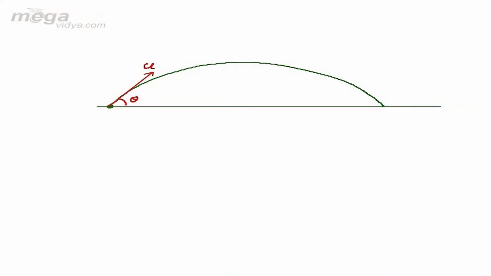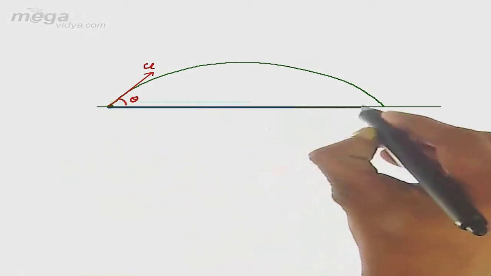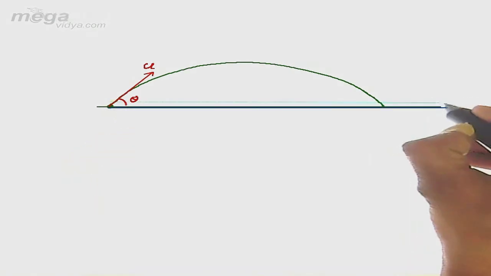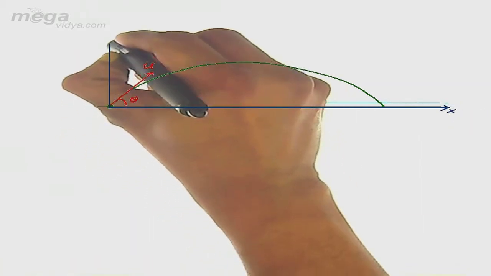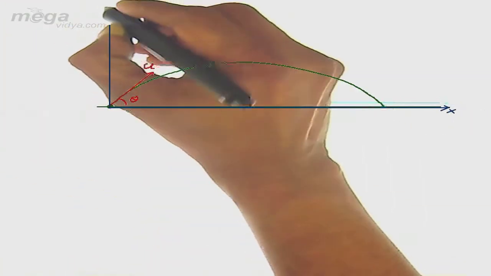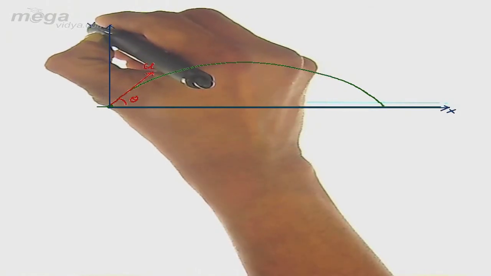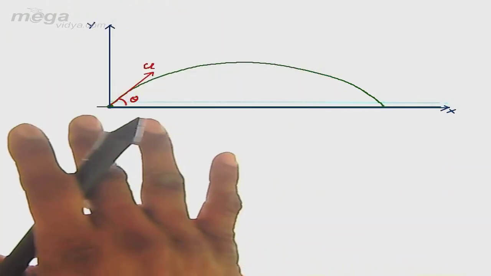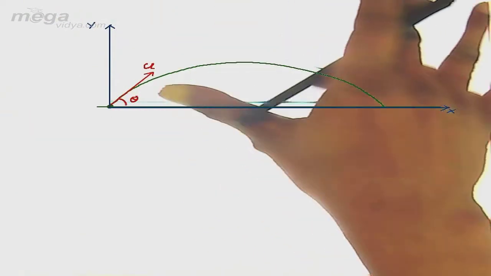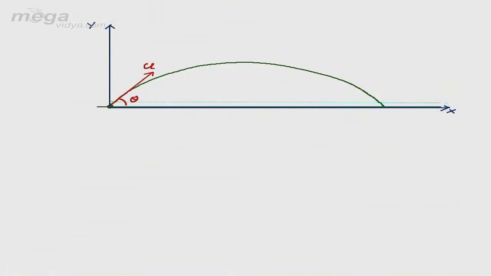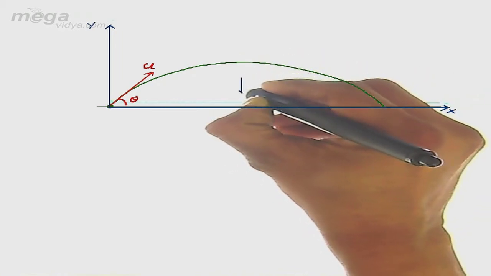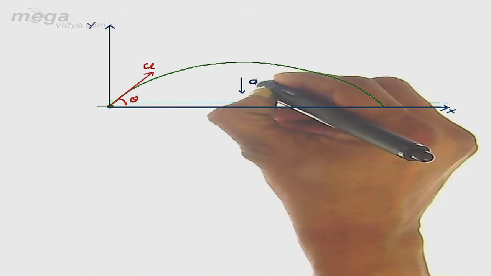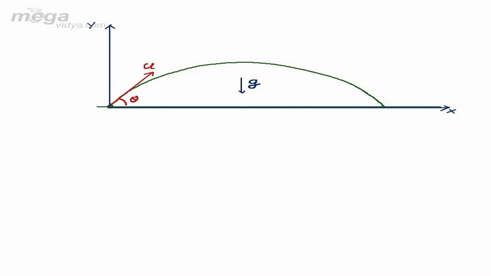For our further study, I am taking x direction along horizontal and y direction vertically upward. We know that in this entire region around the projectile and its range of motion, acceleration is always vertically downward, having value equal to g, the acceleration due to gravity.